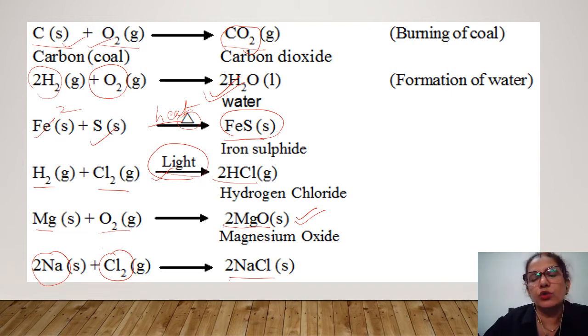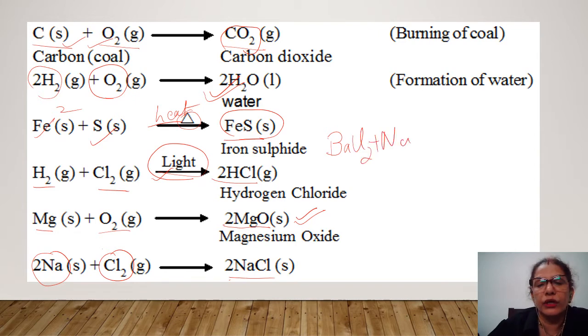Now you may also have reactions where 2 or more substances give rise to 2 or more substances. If we take for example barium chloride and sodium sulfate, although this will come under the category of another reaction, plus sodium chloride.